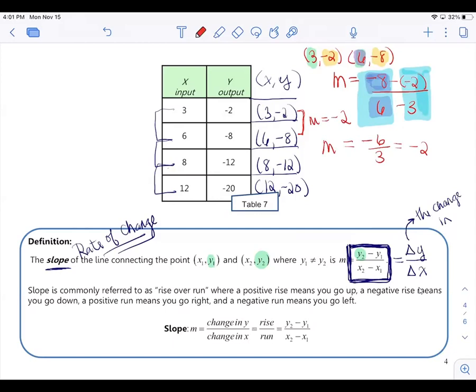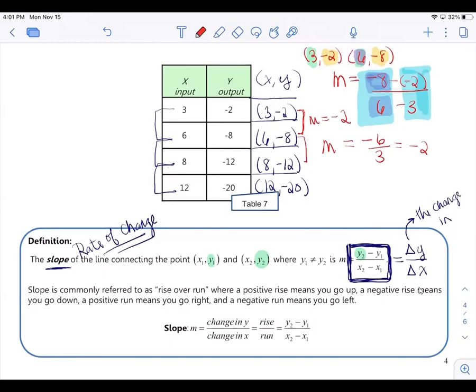That's my rate of change. Now, what I want to check for, I don't just stop there. I got to check these 2 as well. So I'm going to run out of space, but I'm going to go over here. Here are my 2 points, (6, -8) and (8, -12).